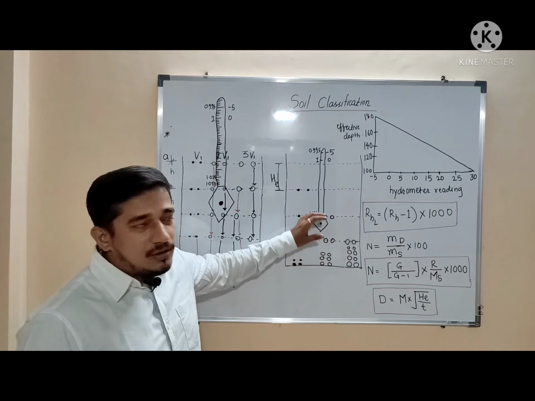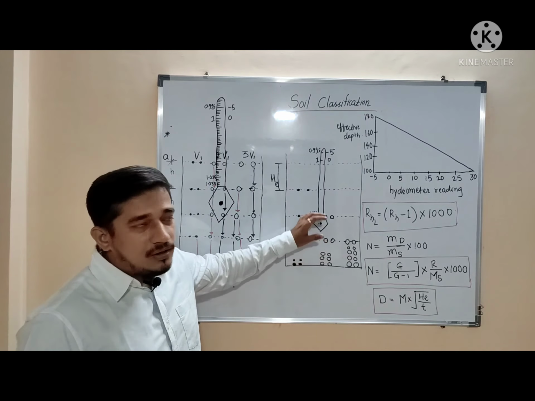But when we take a reading on the right side, it gives us the direct reading. Suppose the reading on the left side is 1. Then RHL is equal to 1 minus 1, which is 0. So the reading will be 0, and that is directly shown on the right side.